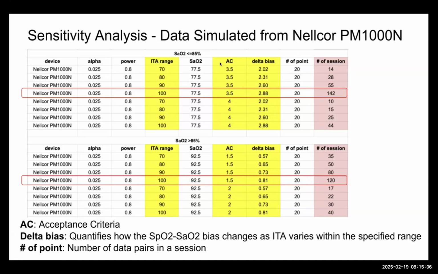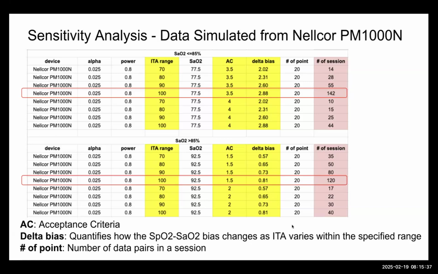The columns highlighted in yellow represent the parameters that are changing in our sensitivity analysis. So the first highlighted column is the ITA range, ranging from 70 to 100. And the second highlighted column is the acceptance criteria, which are 3.5% as recommended by the FDA, and 4% as recommended by ISO.